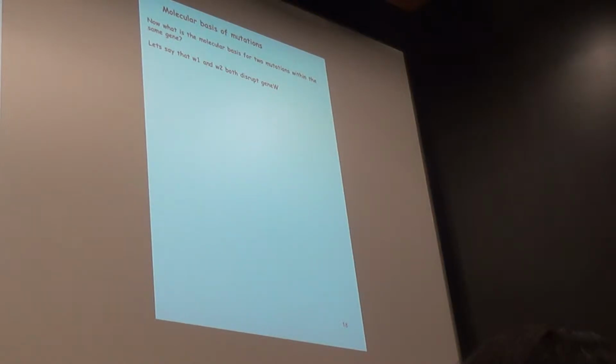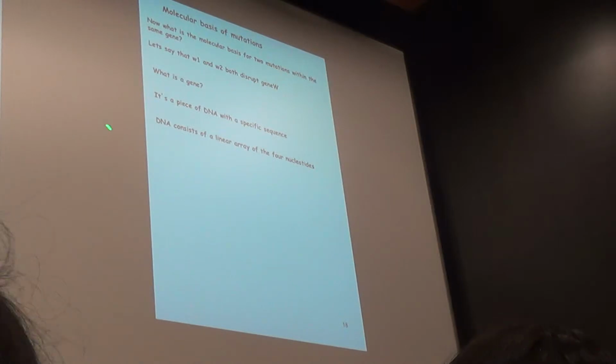So, what's the molecular basis of mutations? Let's say you have W1 and W2 and they disrupt the same gene, gene W. What is a gene? Well, it's a specific segment of DNA with a very specific sequence that will code for a protein, an enzyme. DNA consists of an array of nucleotides.